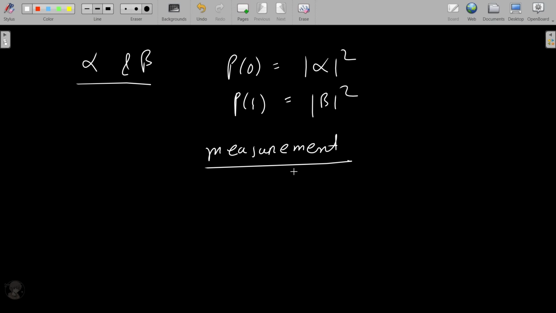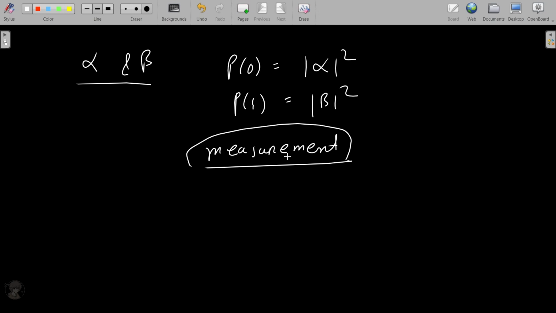Measurement is the process where you get a single result. If a qubit contains both possibilities at the same time, but you have to get a single result, that process is called measurement.